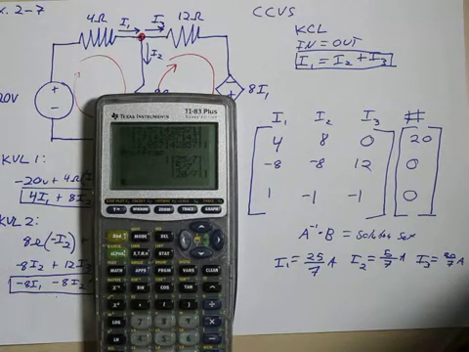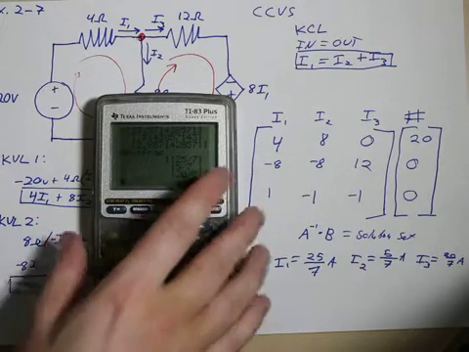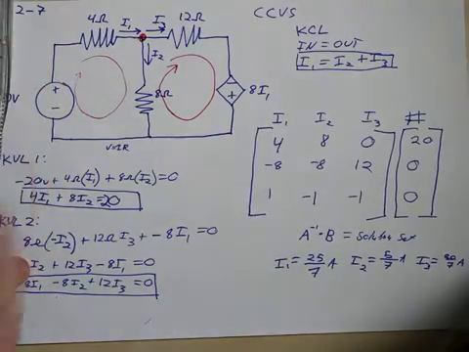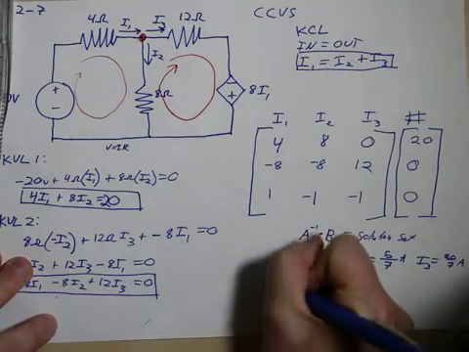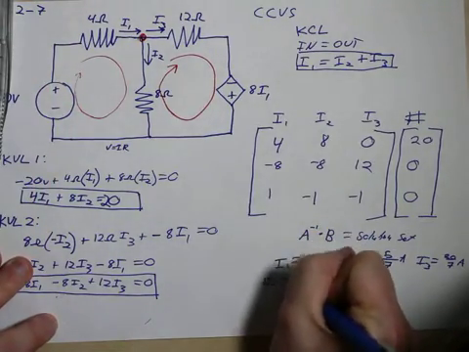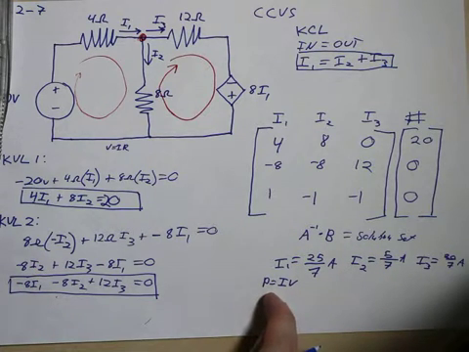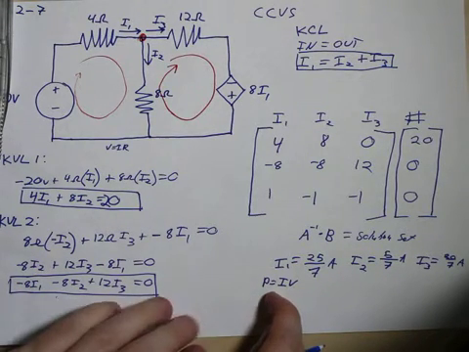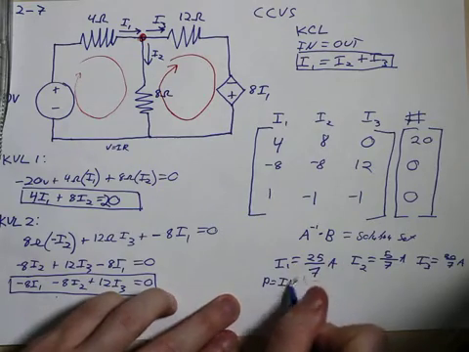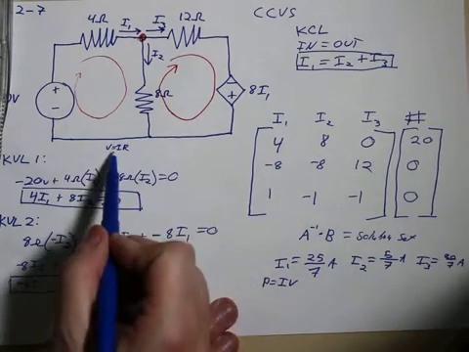But remember, the problem asks to determine the amount of power consumed by the 12 ohm resistor. So we're going to finish this off, we're going to do power equals IV, because that's the equation for power that we have. And now we're going to be able to solve into it. Because remember, V equals IR, same thing that we had over here.